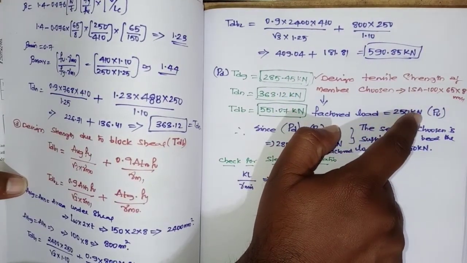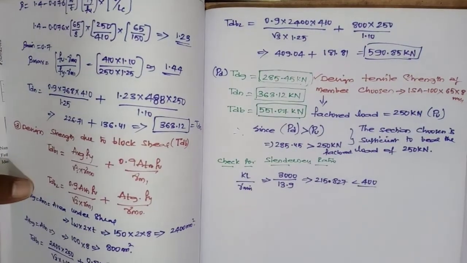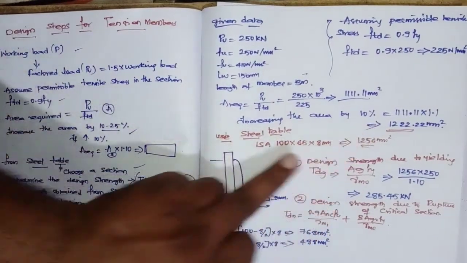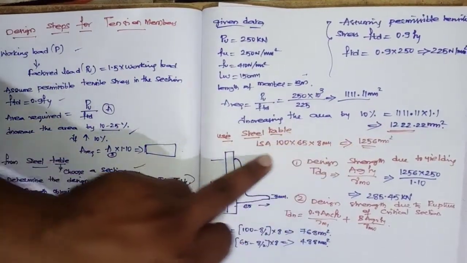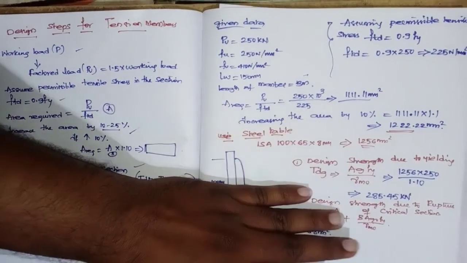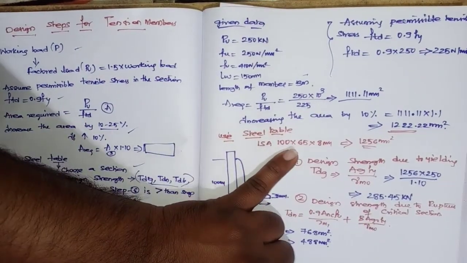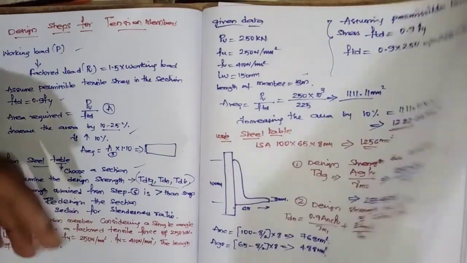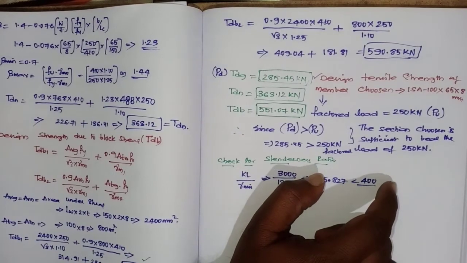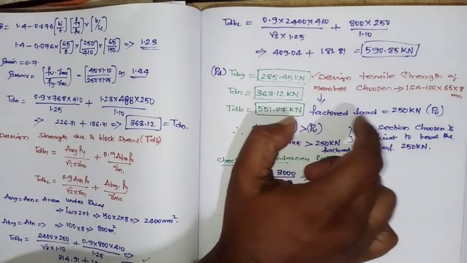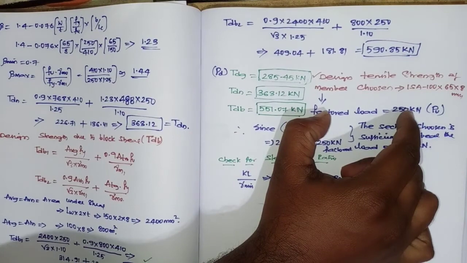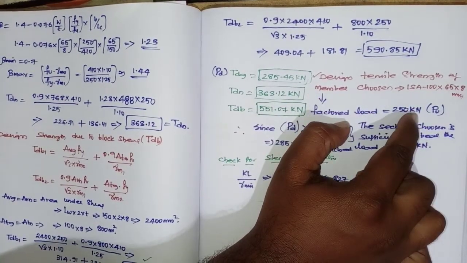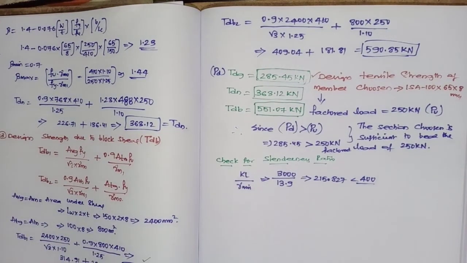In those situations, redesign the section. Instead of taking unequal, you go for equal and increase the area, such that you obtain a value greater than the factored load. Only after arriving at a load greater than the factored load is our condition satisfied.